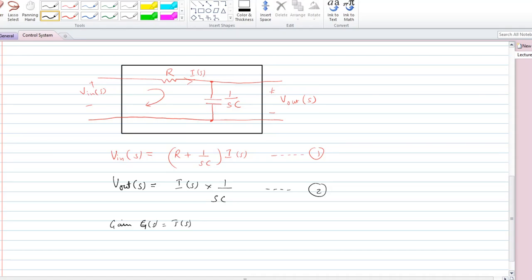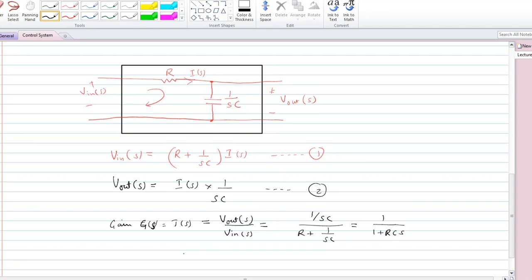You can say that transfer function is the total transfer function, and in this case this will be V out(s) divided by V in(s), and this will be equal to your equation number 2 divided by equation number 1, and that is nothing but 1 by sC divided by R plus 1 by sC is equals to 1 divided by 1 plus RCs.